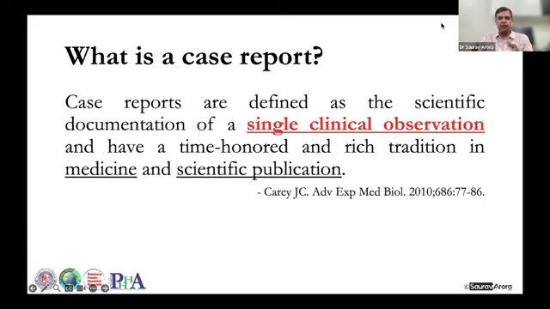We all present our cases here and there. A case report is defined as the scientific documentation of a single clinical observation, and it has a time-honored and rich tradition in medicine and scientific publication. Let me take one example. We say there are 400,000, 4 lakh, registered homeopaths in India alone.